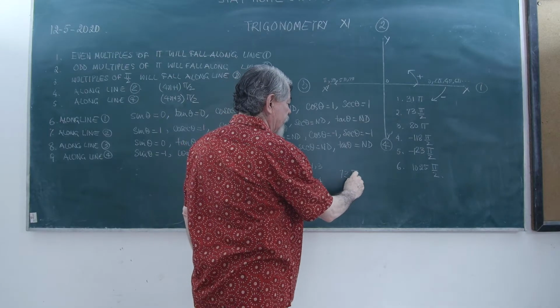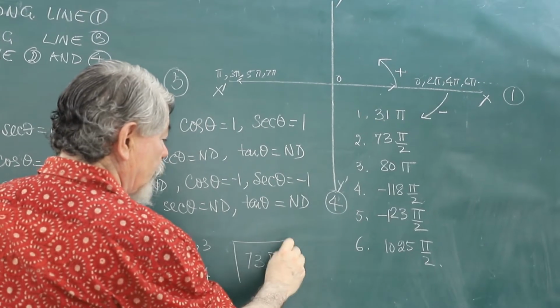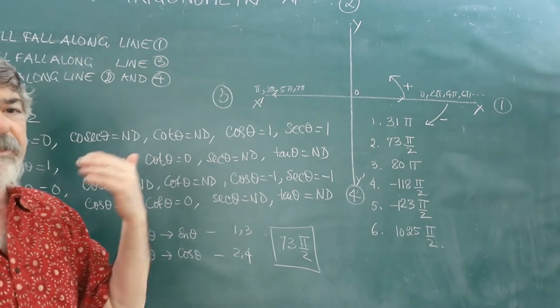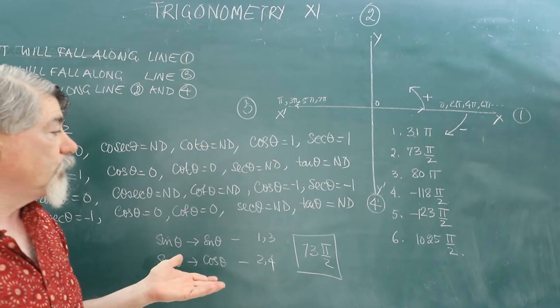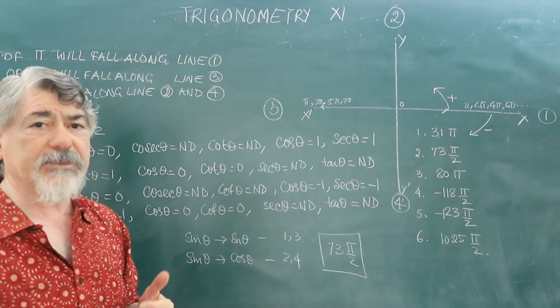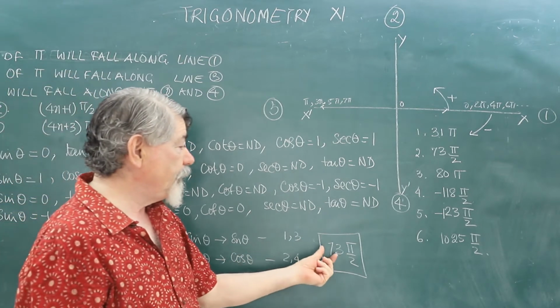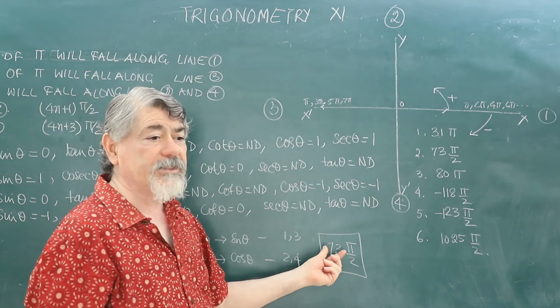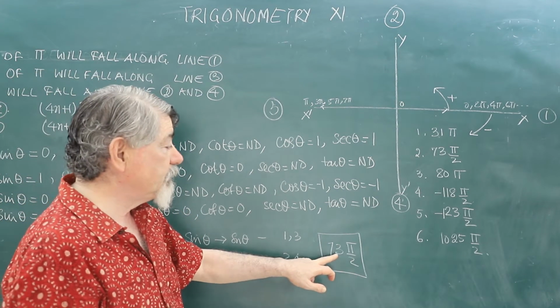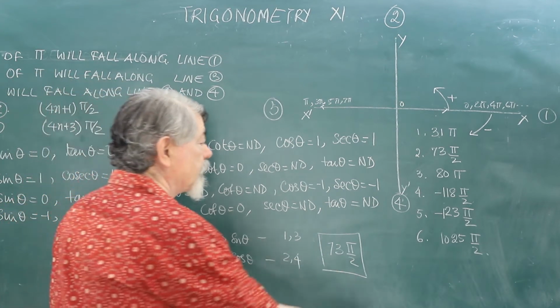now I have to find out where it is going to lie. I am not going to rotate 73 times to see where it is going to fall, because the generating line can take as many revolutions as it wants. We have to find out where this 73 pi by 2 lies. The method is to divide 73 by 4.